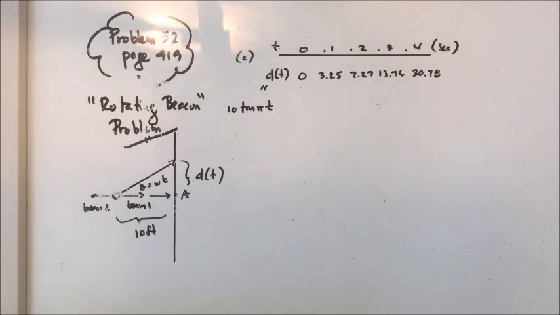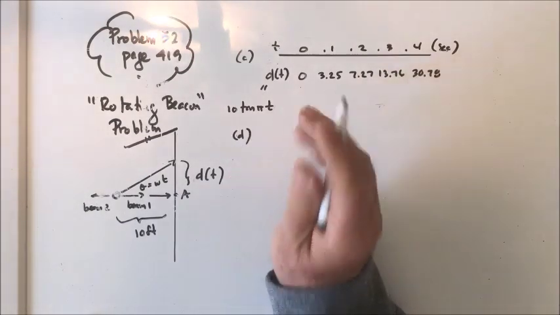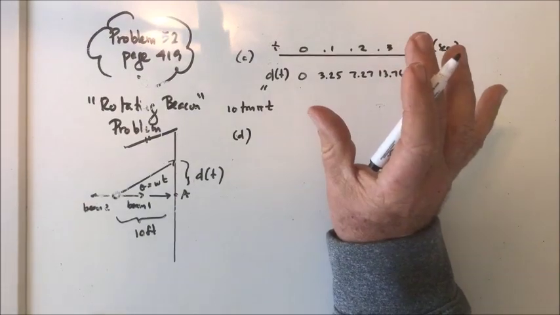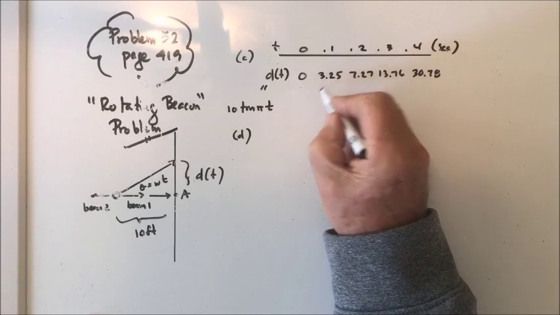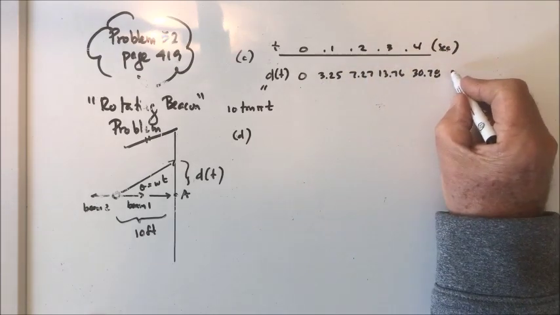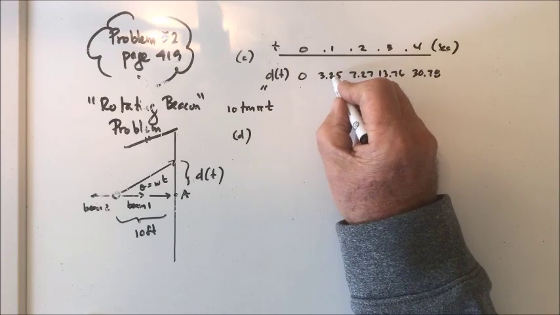And the interesting part maybe comes right here in part D. It wants us to calculate what they called the first differences, but what they want you to calculate is the average rate of change, right? The average rate of change in each of these little subintervals.